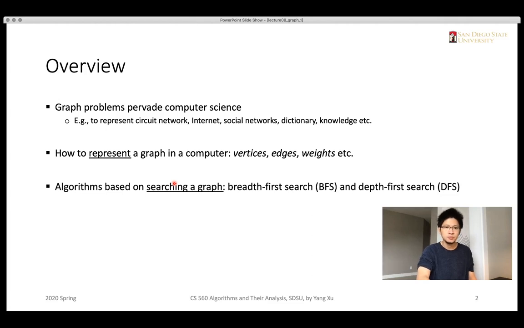And more importantly, we will start with some basic searching algorithms that help us go through each vertex in the graph or each node in the graph. So these types of algorithms like breadth first search BFS or depth first search DFS, they belong to the general problem of how to efficiently search a graph.